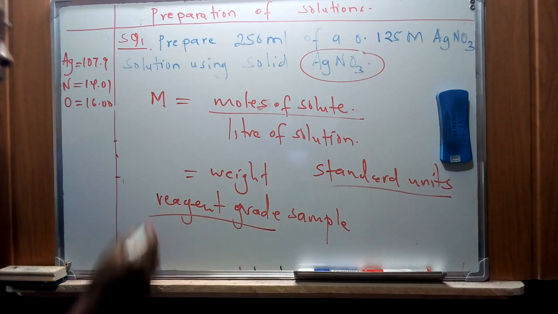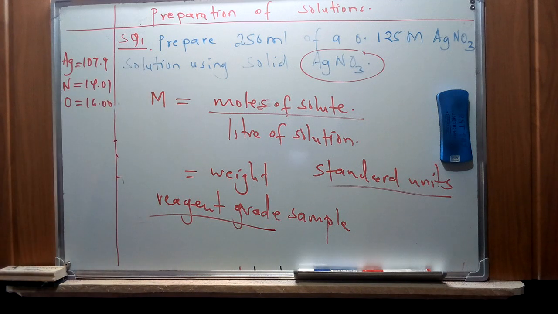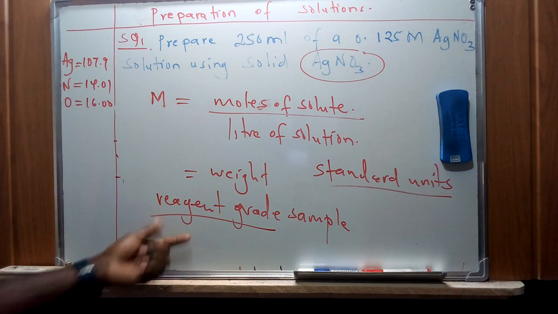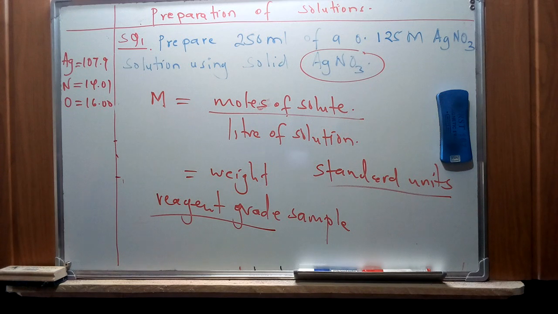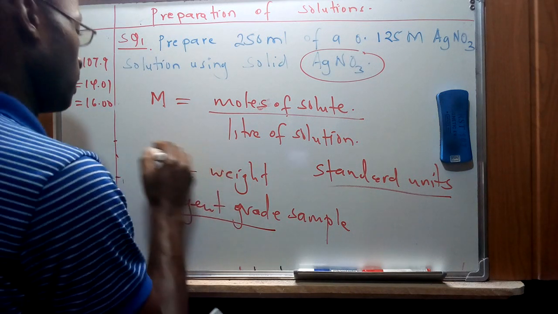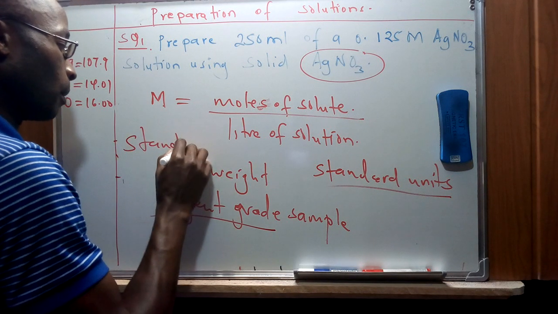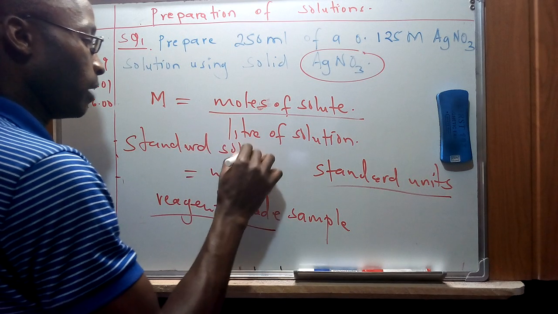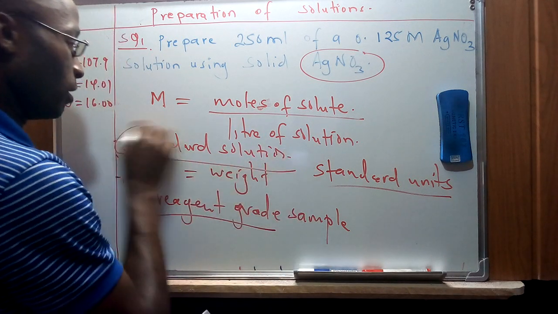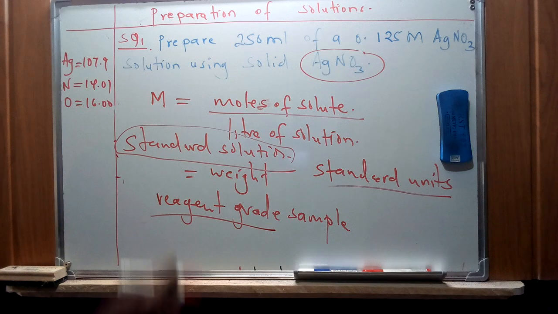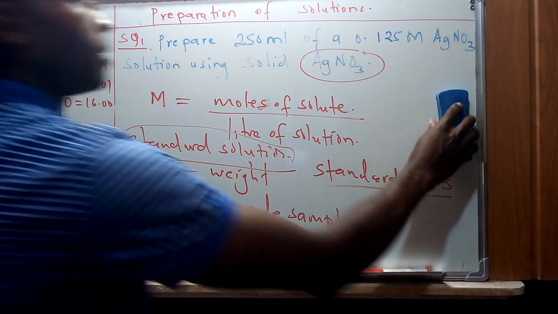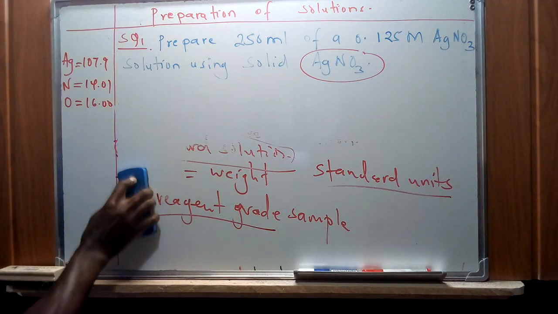In trying to find out the concentration of an unknown solution, we're going to use a solution whose concentration is known, which we refer to as a standard solution. So a standard solution is a solution whose concentration is known.